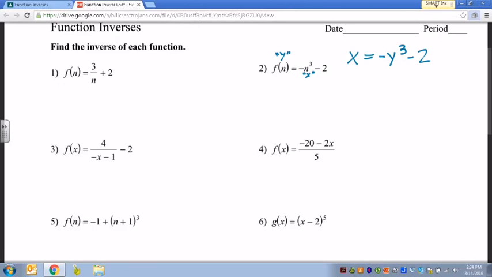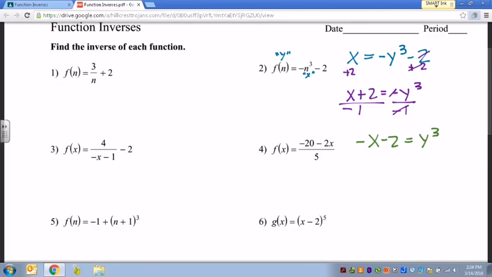All right. Now, in order to get y by itself, add 2. And that gives me x plus 2 equals negative y cubed. Let's divide by negative 1 here to get rid of that negative. And then that would be negative x minus 2 equals y cubed.